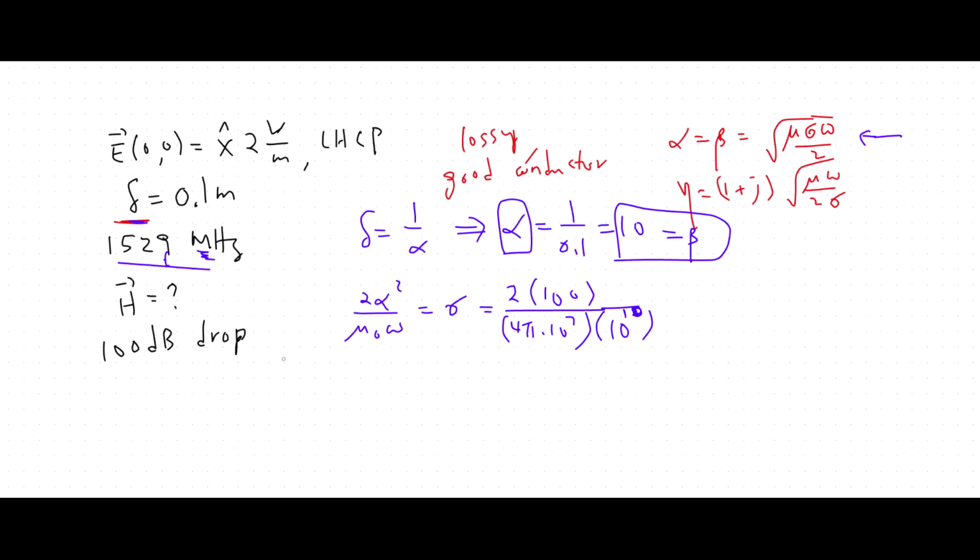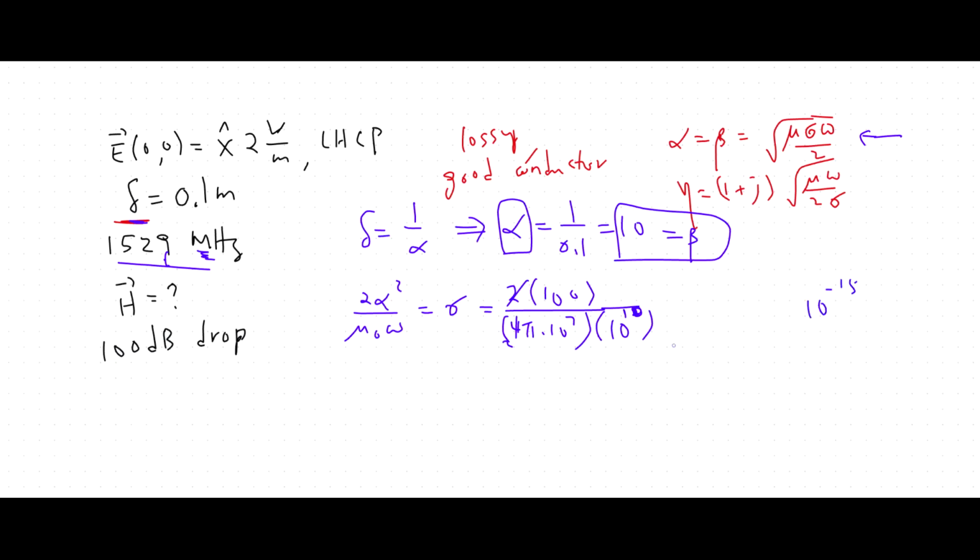Okay, so what do I have? Well, I have 1 over pi, but I need the 1 over 2 pi. What is 1 over 2 pi? And then this is 10 to the minus 15. Oh, wait a minute.